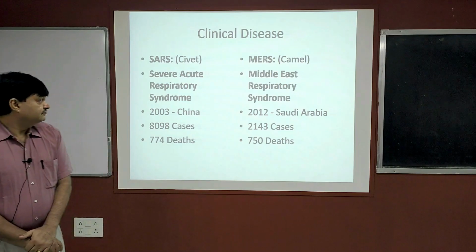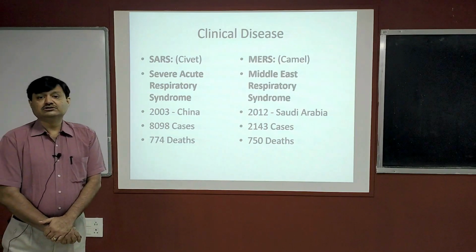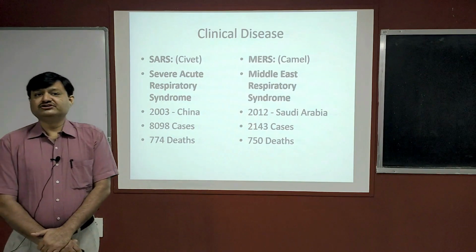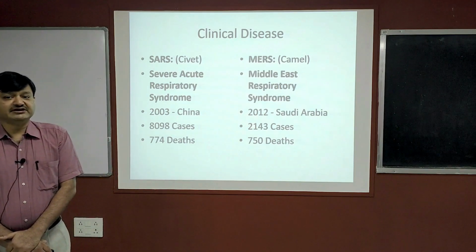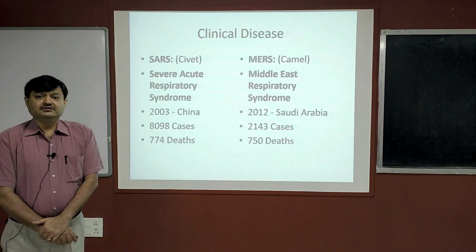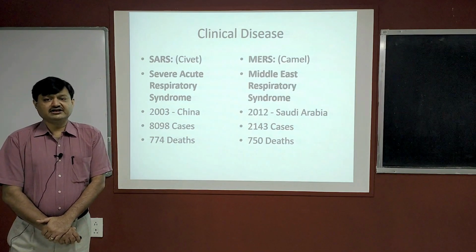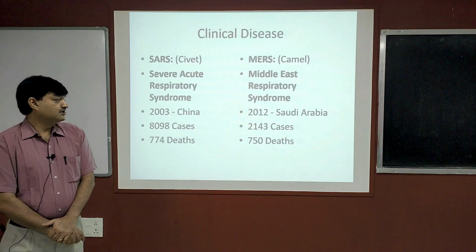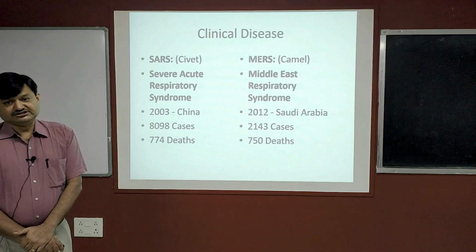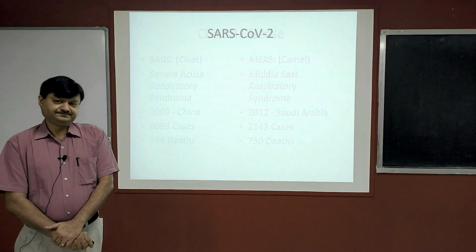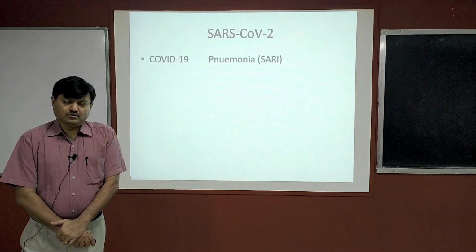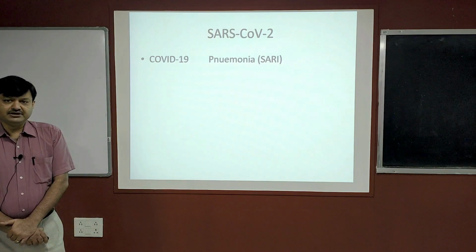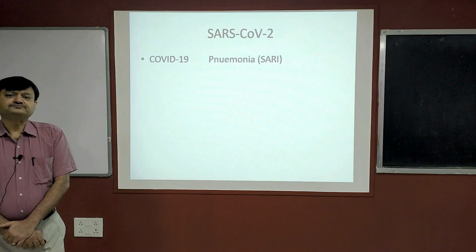The SARS, which originated in China in 2003, led to something around 8,000 cases and 774 deaths, while MERS, which originated in 2012 in Saudi Arabia, led to 2,143 cases with 750 deaths.